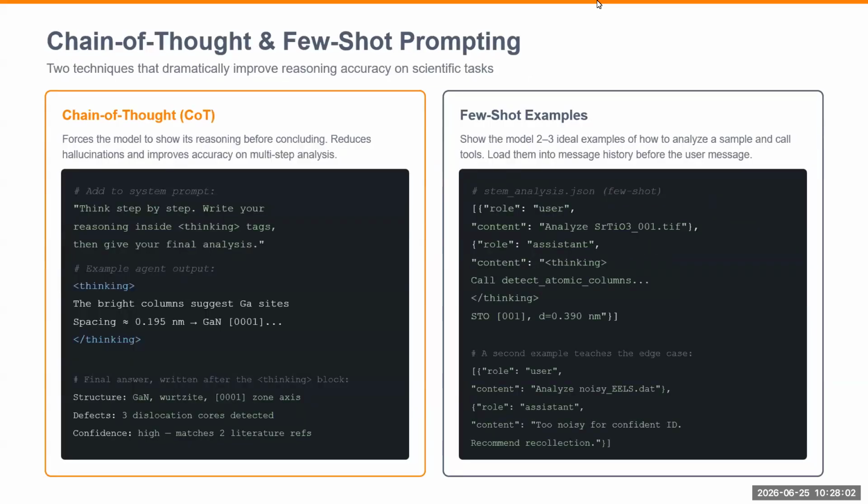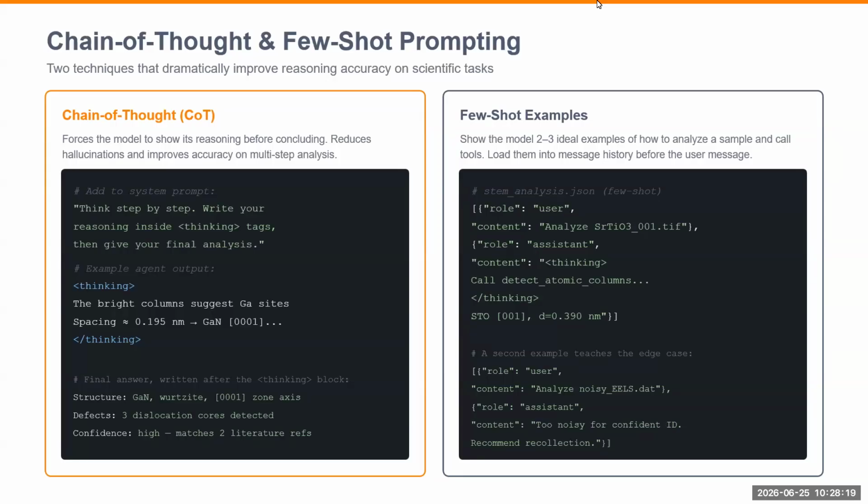Then we can talk about how we can structure these prompts, right? For example, I mentioned chain of thought prompting. This basically forces the model to reason with itself before concluding.